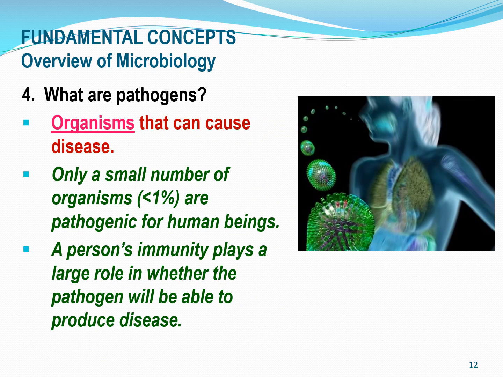So let's talk about pathogens. What are pathogens? Pathogens are organisms that can cause disease, right? Only a small number of organisms, less than 1%, are pathogenic for human beings. A person's immunity, which we just talked about in chapter 7, plays a large role in whether the pathogen will be able to produce a disease.